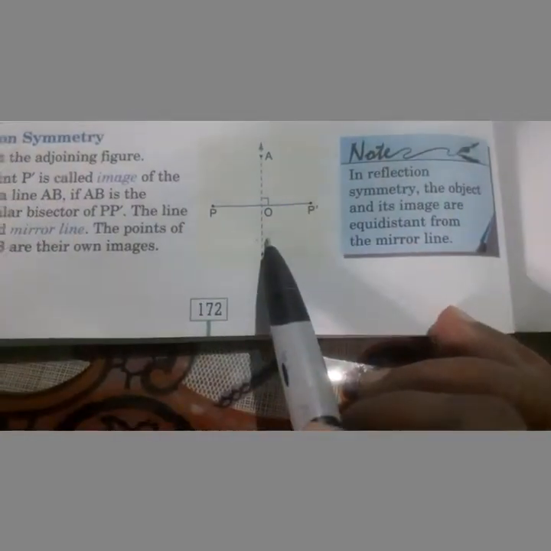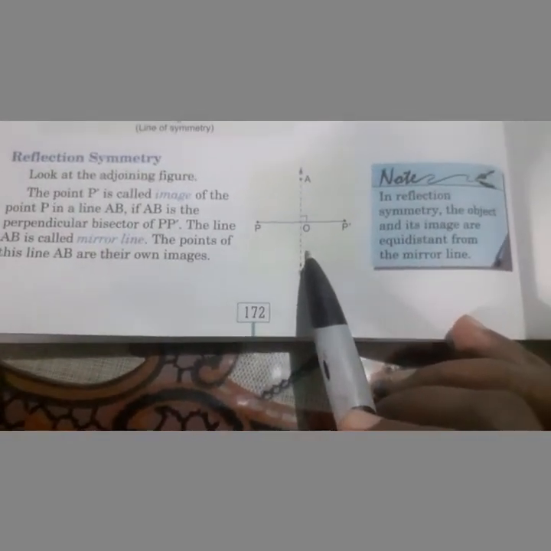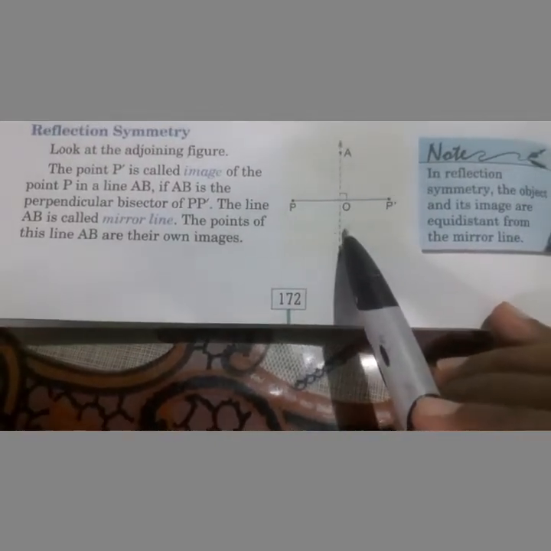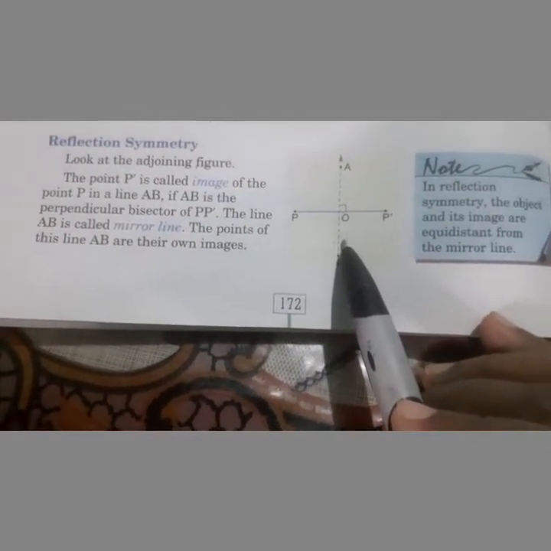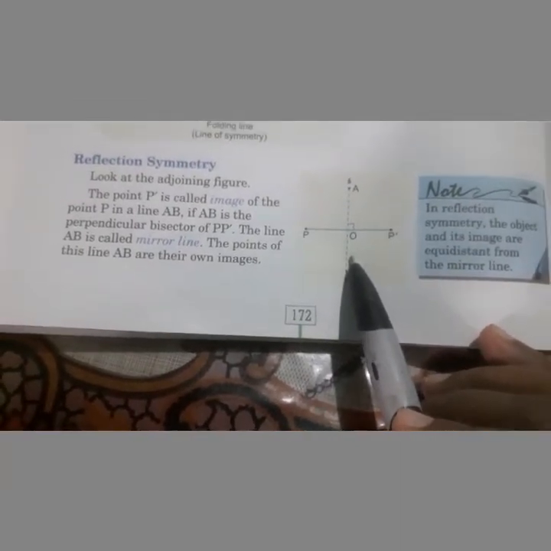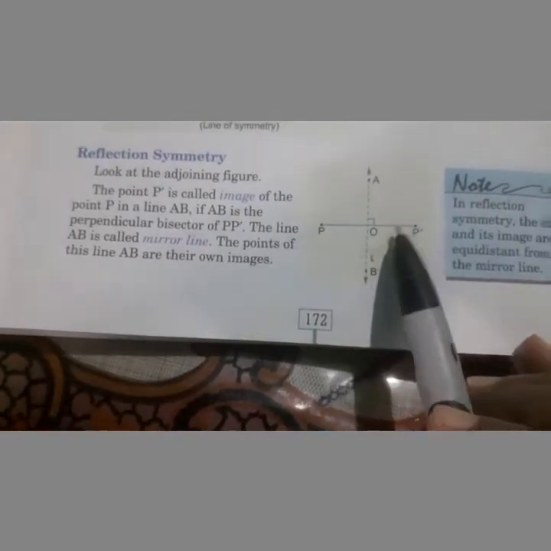Reflection means a mirror, a shiny thing that reflects. Suppose we see ourselves in the mirror, then our figure is reflected and we can see our image in the mirror. That is called reflection symmetry or reflection image.